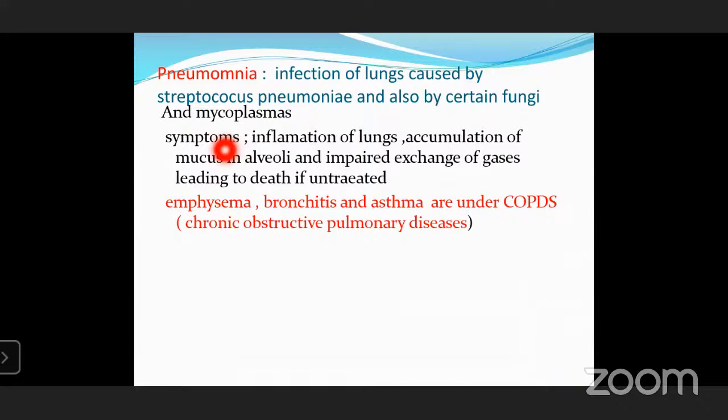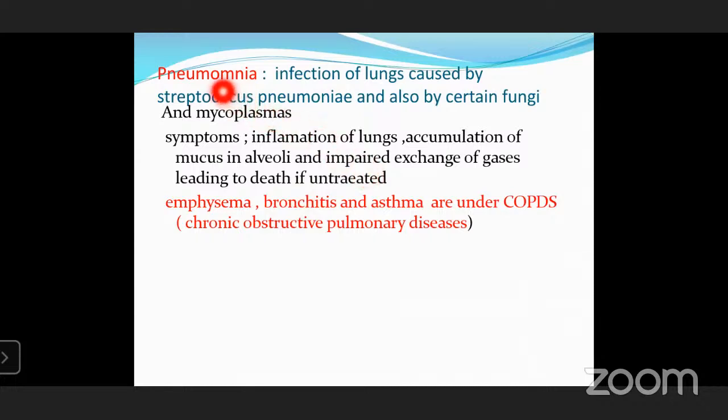Symptoms: inflammation of lungs, accumulation of mucus in alveoli and impaired exchange of gases, leading to death if untreated.